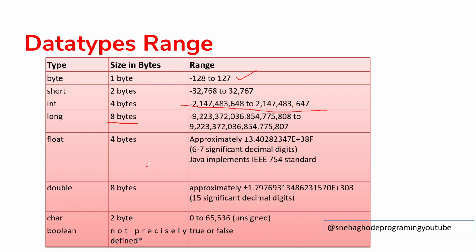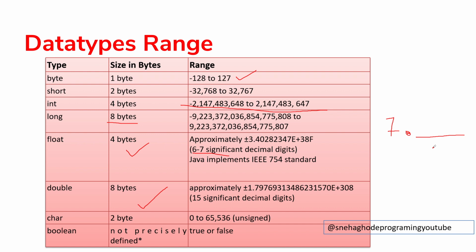So why does the size of float differ from the size of double if they are going to store the same decimal type of values? Here it is mentioned that 6 to 7 significant decimal digits means after the point, like for 7 point, 6 to 7 significant decimal digits are going to be acceptable.